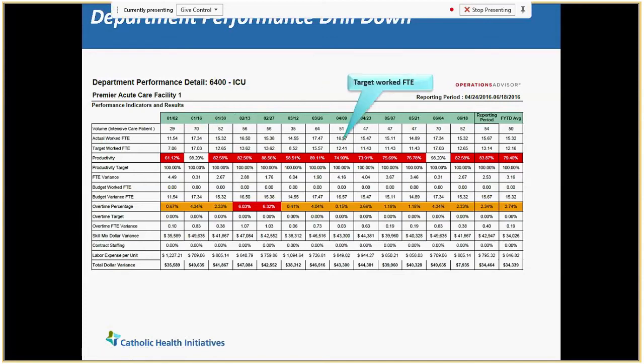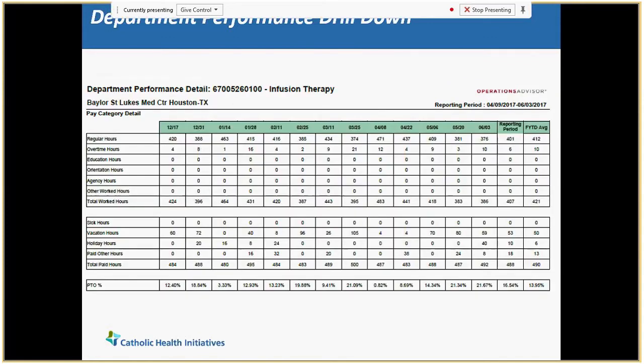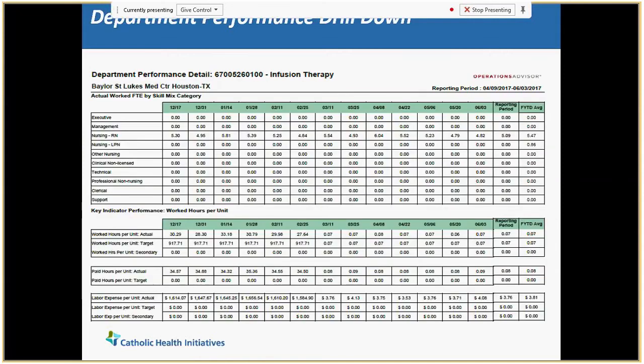Volume, hours, target, overtime percentage, contract labor, okay, typical stuff that you've always seen. Here you get your worked hours categories, paid hours categories. We saw that on the last report. The unique thing though comes on the third page here where you do get your FTEs by skill mix category.